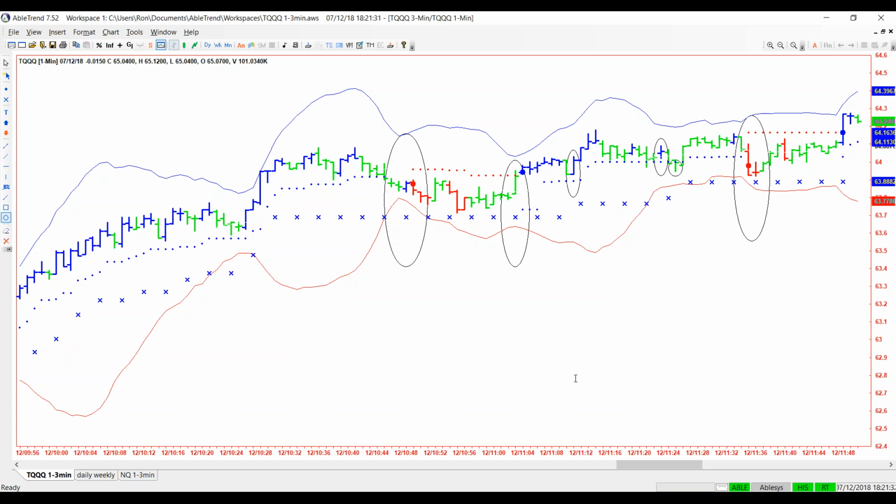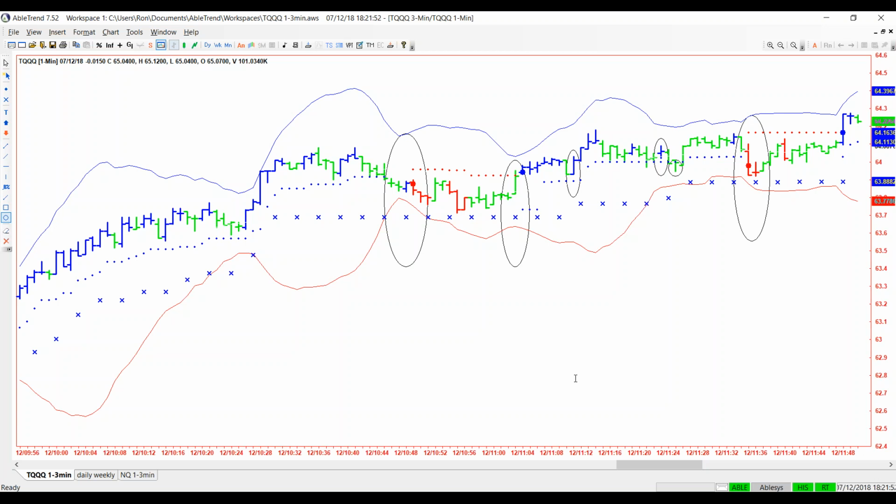It's all the same thing. You just want to pick markets that have a history, because nobody knows what's going to happen tomorrow, of trending fairly smoothly, and yet with enough volatility to give us the profit potential.